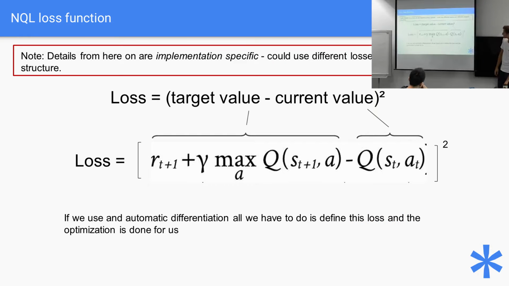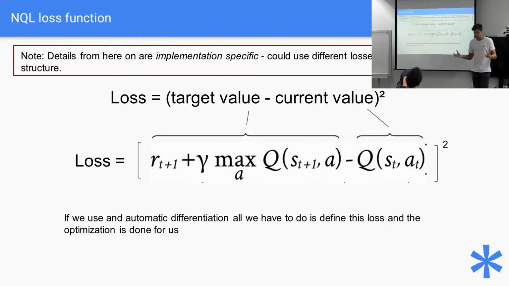Okay, I apologize for the maths in that last slide. But this is the really simple thing. In neural Q learning, we're trying to define a loss function that we can use to train a network, right? We already know the Q learning update rule. The question is, I've put a neural network into this equation, so how do I train the neural network to actually learn what I want it to learn?